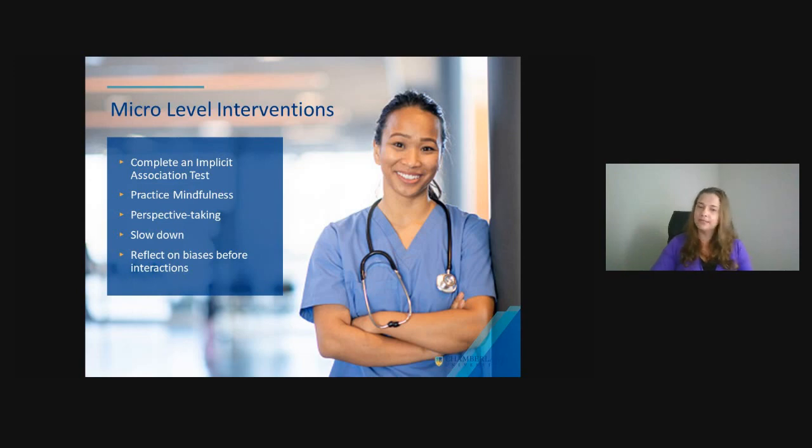This is interesting, and it can be a little bit difficult, I know, for the clinical setting, but there's some sound evidence that practicing yoga, meditation, or guided imagery prior to an interaction where you know implicit bias could surface, so a stressful time, can be effective. Participants have actually scored lower on the IAT after completing mindfulness training.